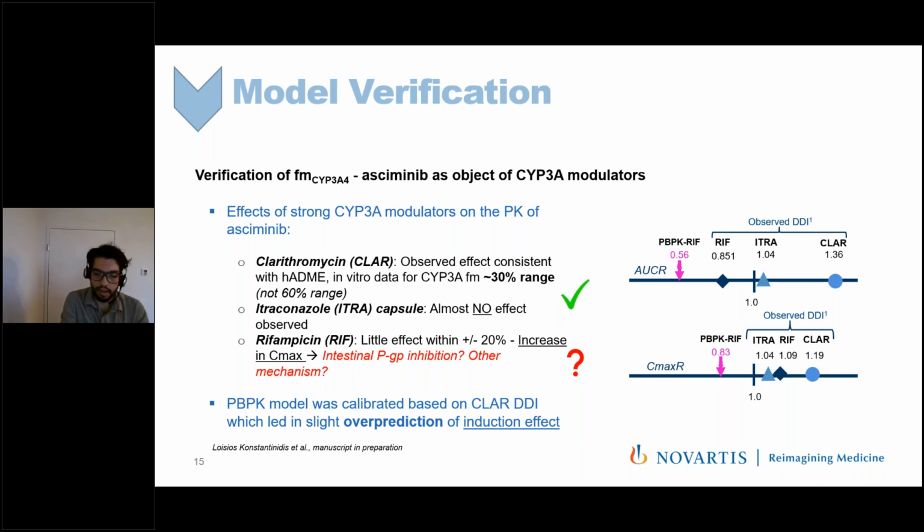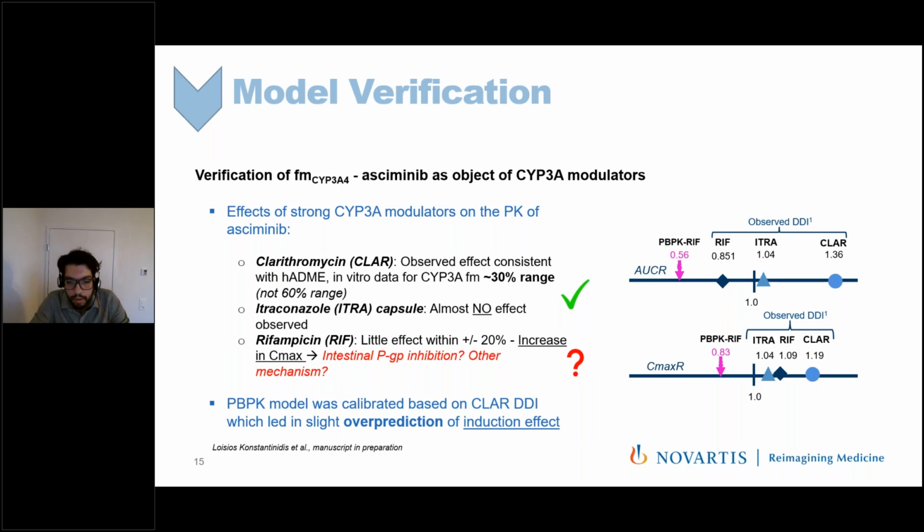Now, looking at the results with the strong CYP3A4 inducer rifampicin, we saw only a reduction of about 15% in the exposure of asciminib in the presence of rifampicin, and a 9% increase in Cmax. These results were, at the moment, and still until today, hard for us to interpret.